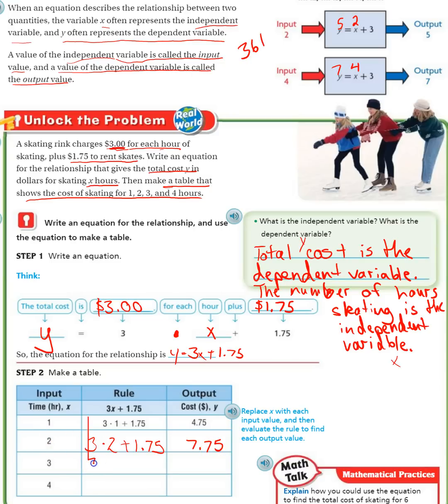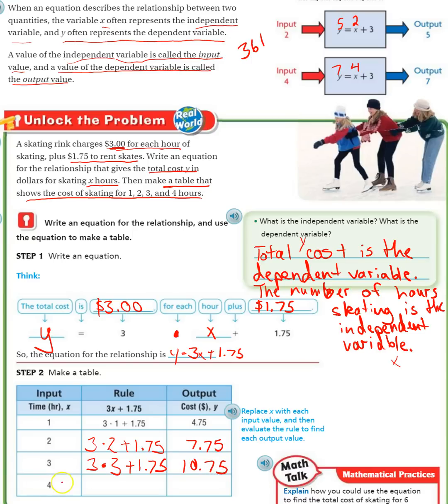If you skate for 3 hours, we just plug it in again. 3 times 3, I have a new input now, plus 1.75. 3 times 3 is 9, plus $1 would be $10, and then 75 cents, so $10.75.